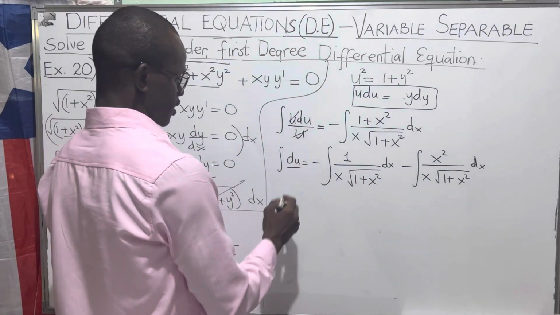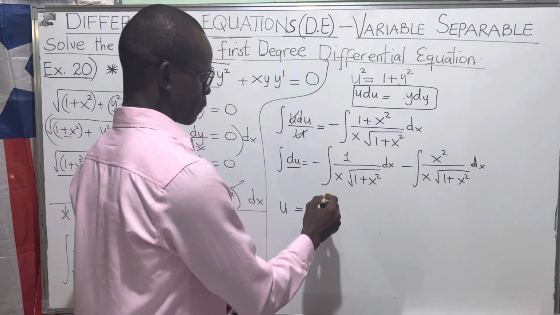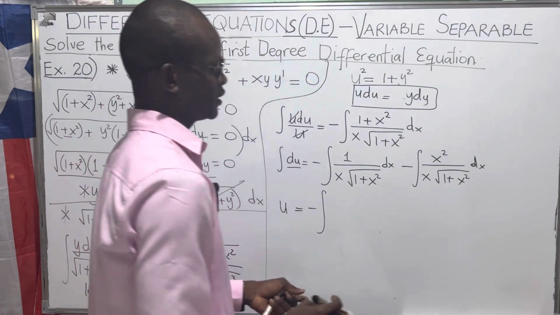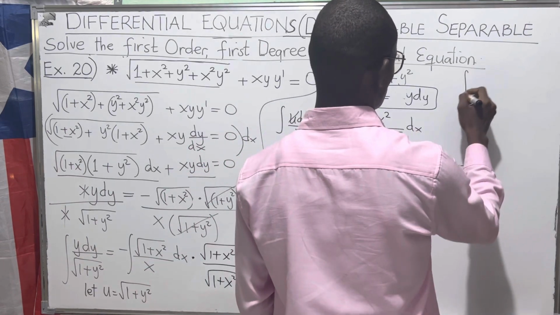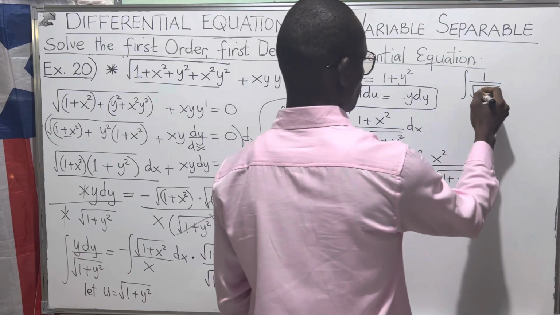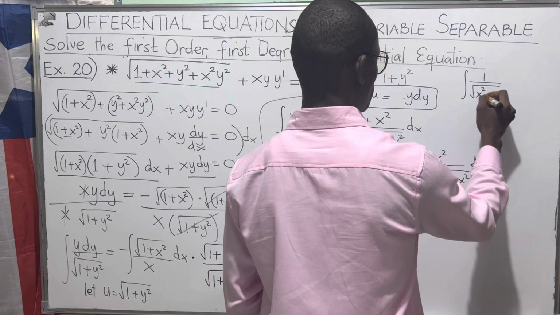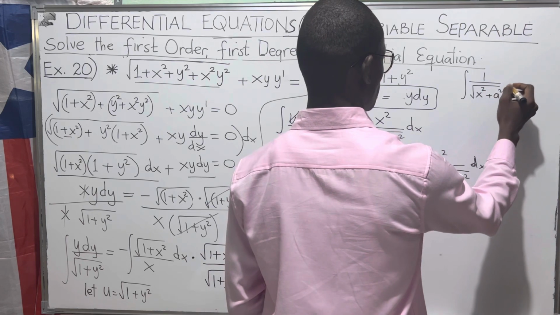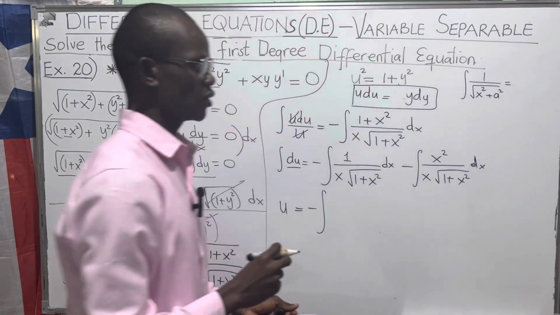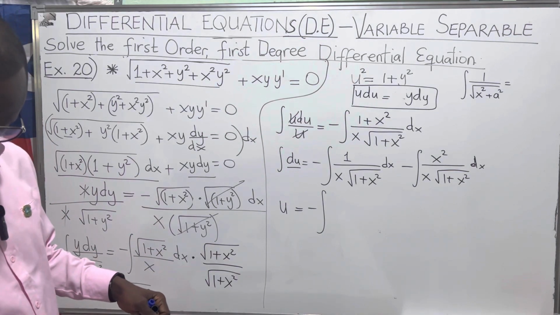So the integral of this is just u, minus. Now, there is a property that states that the integral of 1 all over the root of x squared plus a squared is just equal to the ln of, not a number, x.